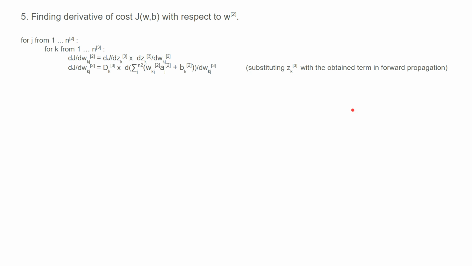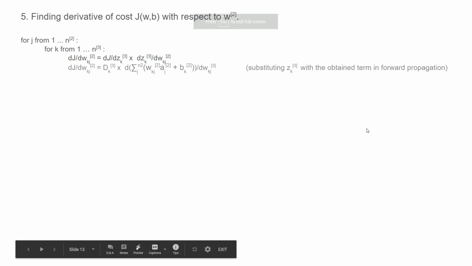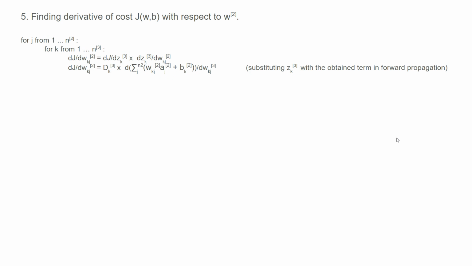Now substituting the value of z_k3, we will get the summation over j to n2 of w_kj2 into a_j2 plus b_k2. This z_k3 is substituted from the forward propagation equations.